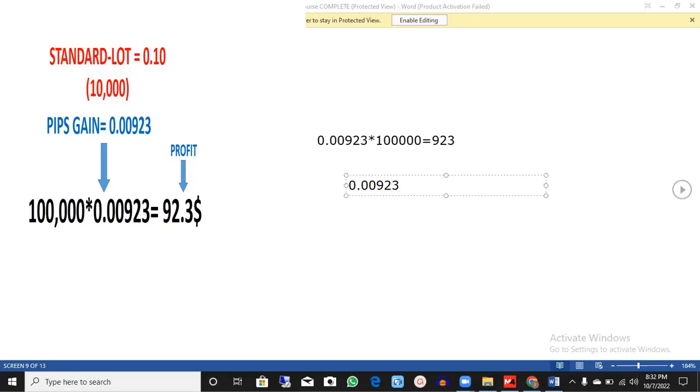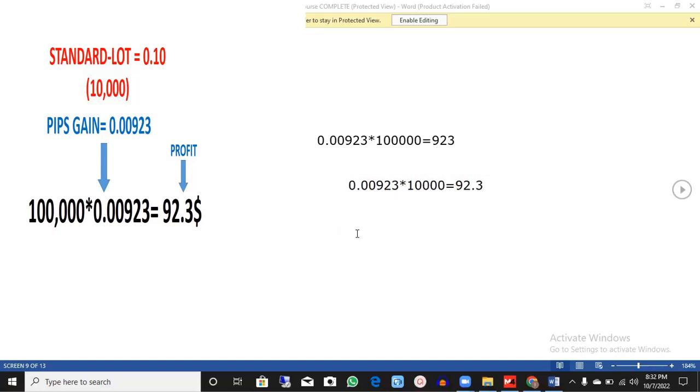This time, they are trading with 0.1 lot size, which is equal to 10,000 units. So let's do that math and see the answer we are going to have. So 10,000. What we're going to be having there is 92.3.